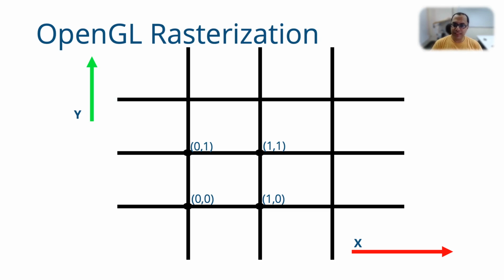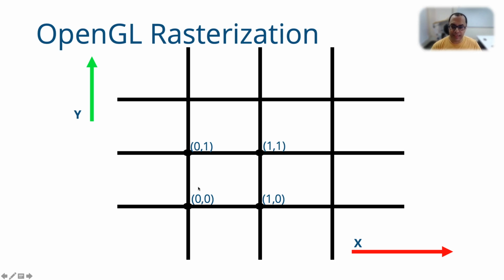We have discussed in the past that OpenGL does not ask whoever implements the OpenGL API to implement a particular algorithm. So what does OpenGL ask instead? The OpenGL rasterization specification is as follows. If you have a pixel grid with coordinates 0, 0, 1, 0, 1, 1, 0, 1, here the corner is representative of this pixel.